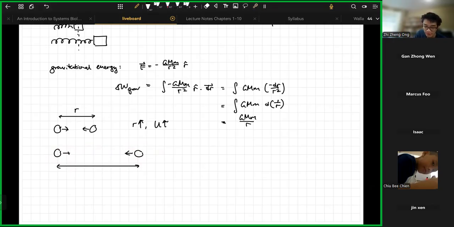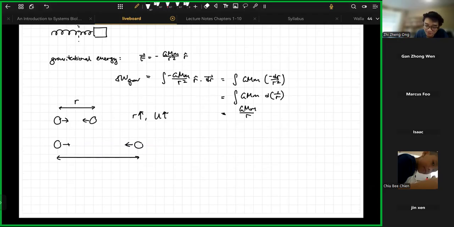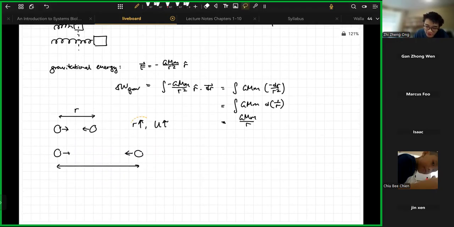There are a few arguments you can use, like saying that externally you give the system energy, that's why there's an increase, and why there's this expression of decreasing energy. But just think of the system and slap a negative sign on if you think it's necessary. This is the more practical way of explaining this.